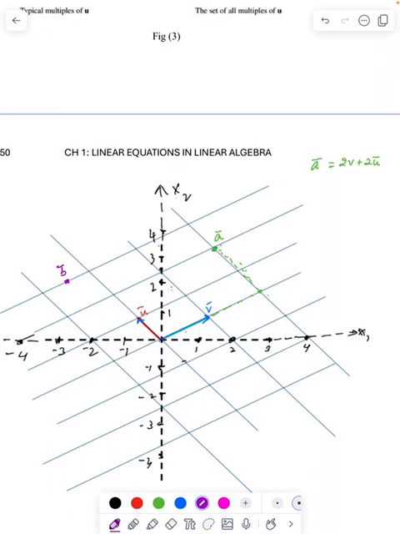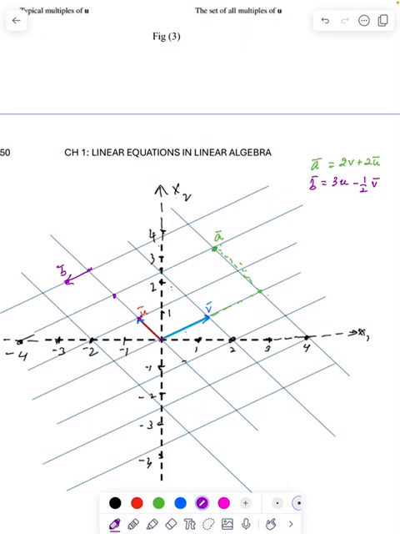Starting from the origin, I go 1, 2, 3U, so B is equal to 3U, and then I have to go in this direction. So 3U minus half V, because we are going the opposite direction of V.